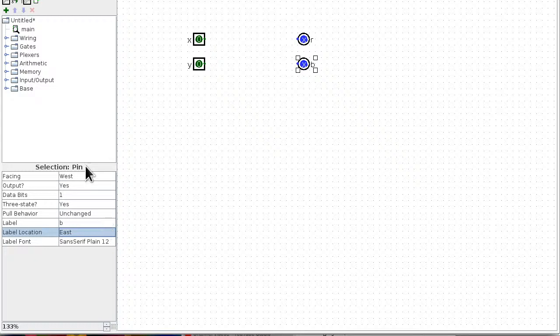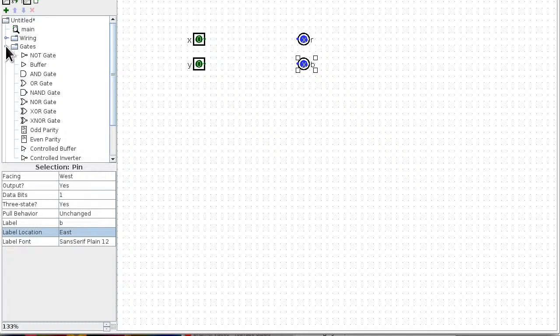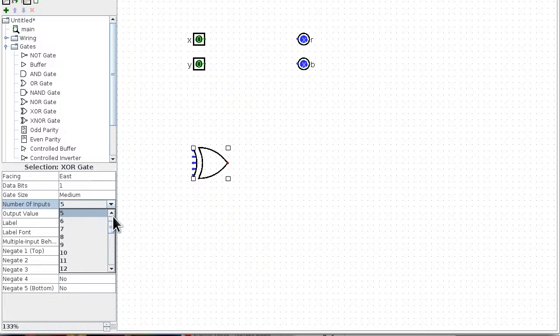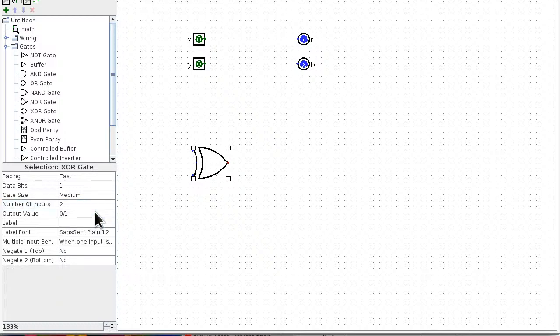And now we have to use the gates to compute each one of the outputs from the inputs. This time I'm going to be a little bit lazy and utilize exclusive OR instead of, like last time, using a bunch of AND gates and an OR gate. So the gate first has to change the number of inputs and then the size. Oh, wrong place to click.